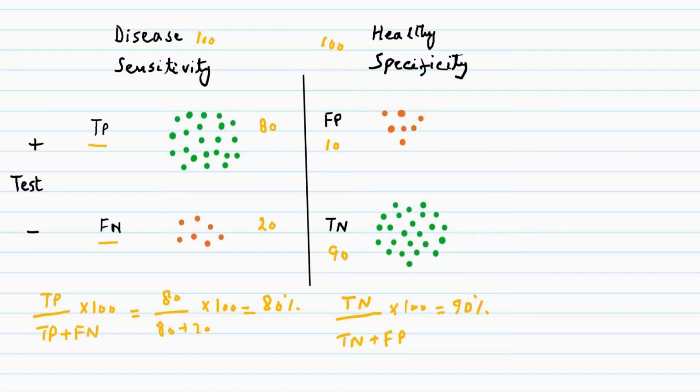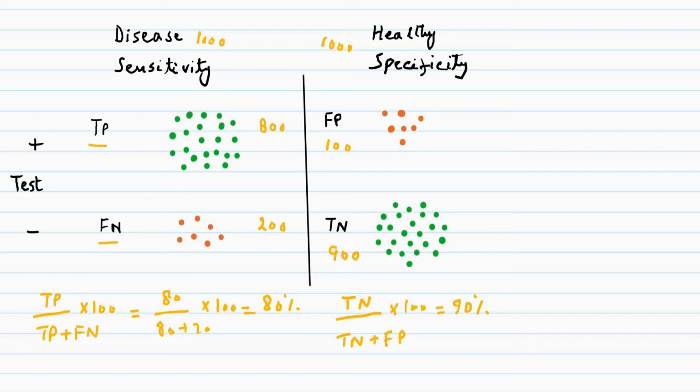Suppose we have 1,000 people with disease and we'll see our number of true positive results will increase, as will the number of false negative results, but the overall proportion will remain 80%. Similarly, in people who are healthy, the number of false positive and true negative results will increase, but the specificity remains 90%. So we can see the specificity and sensitivity of a test doesn't change with increase in prevalence.